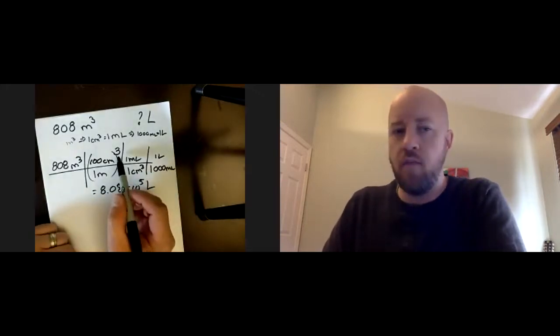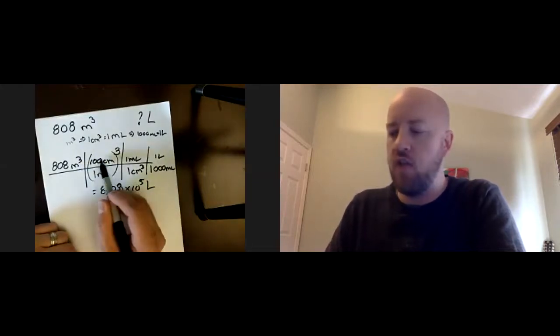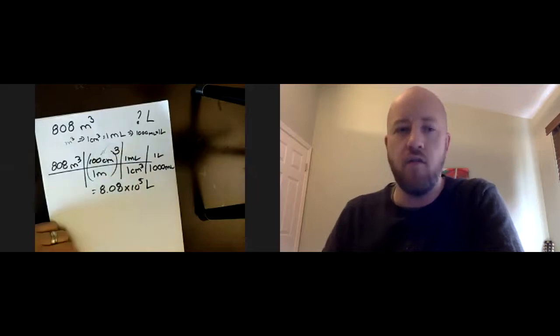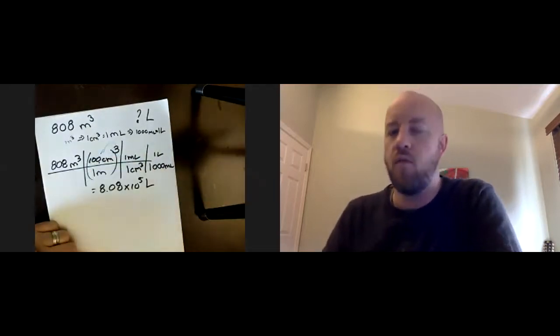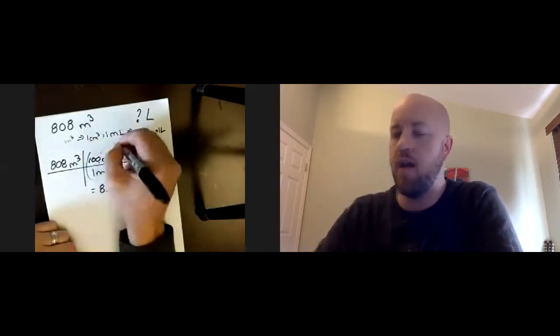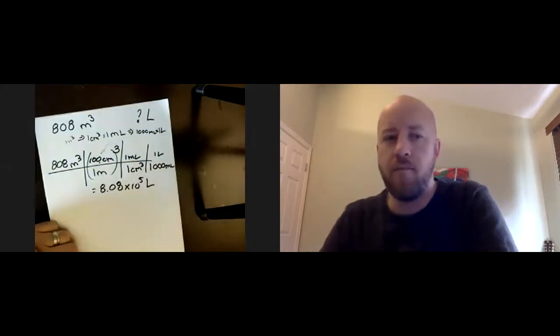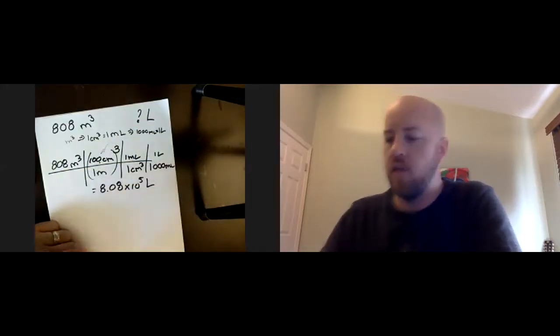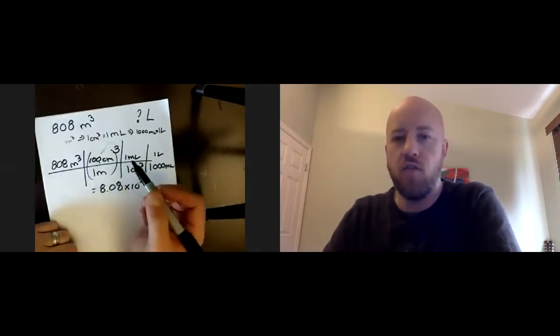The key thing here, people forget, is we set this up right, but then we forget to actually do the cube value of the number. So don't forget to cube the 100. We wrote it here, so just don't forget to do that operation. Maybe write that number out above it. We multiply everything on the top and divide by everything on the bottom. This works whether we're doing square units or cube units.